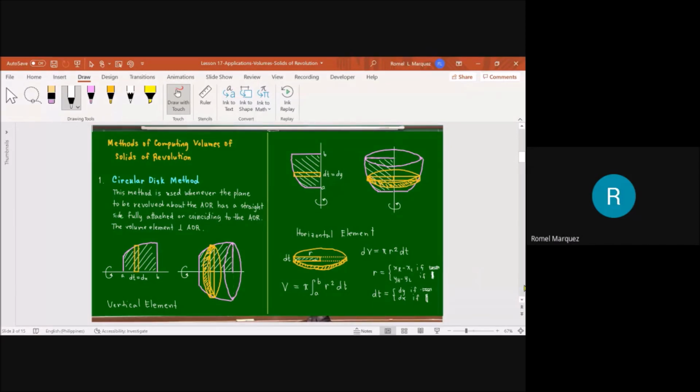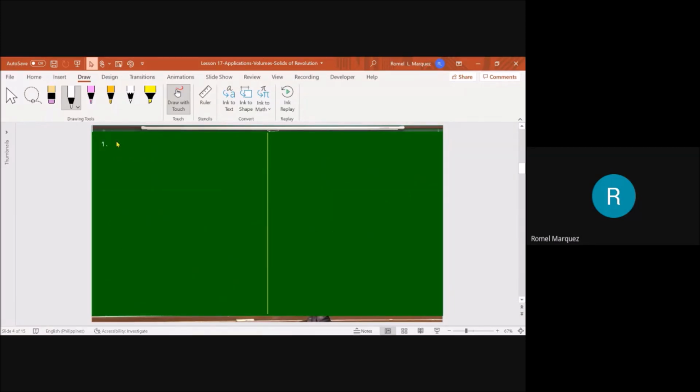So let us have a particular example. Find the volume of the solid generated when the area bounded by the given curves is revolved about the indicated axis.